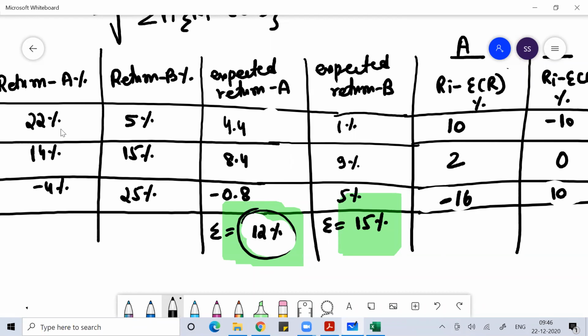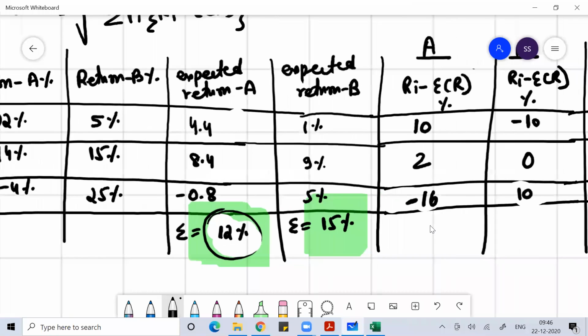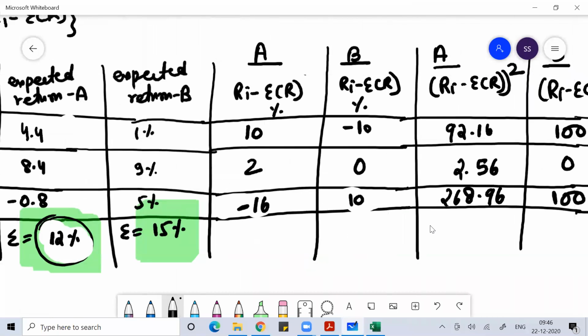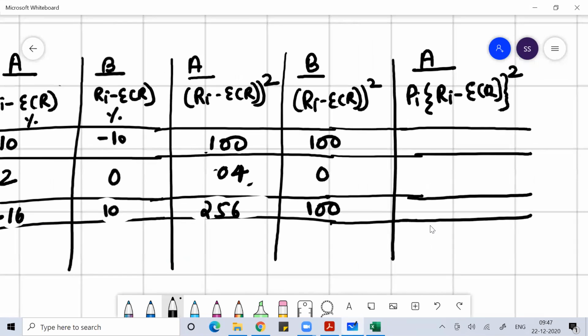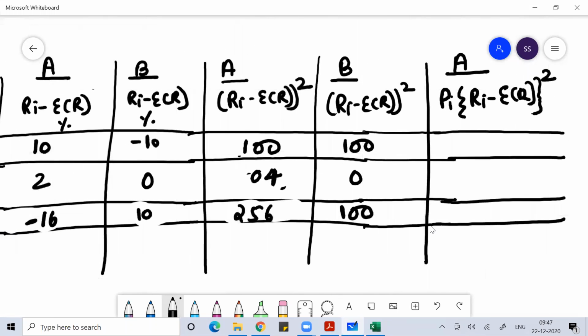So then Ri minus ER, 22 minus 12 would be 10, 14 minus 12 would be 2, and minus 4 minus 12 would be minus 16. Okay, so this value would be 100, then 4, and this would be 256. So we do the square of this.